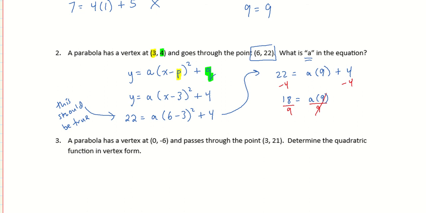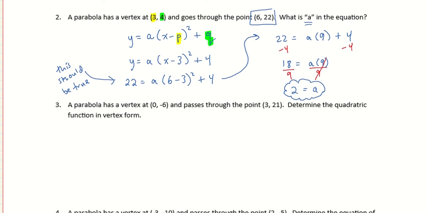And we get a equals 2. Because both sides of this equation have to be equal, a has to be 2 for this whole thing to work out. So that's our a in the equation. So if we have a point that we know is on the parabola, we can use it to help find other parts of the equation.